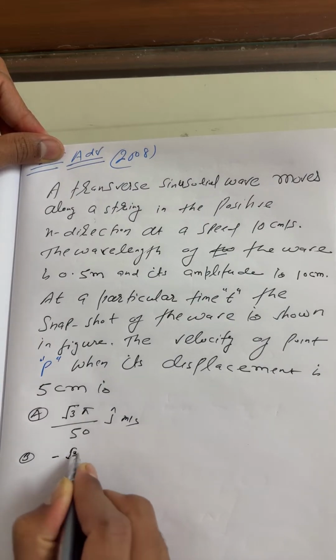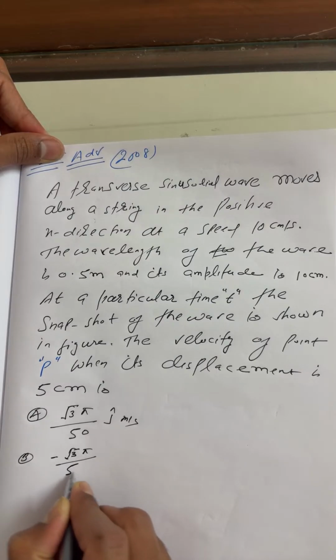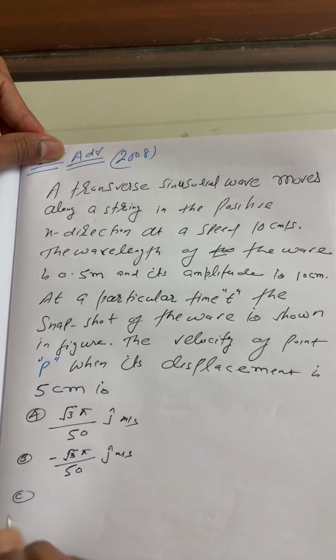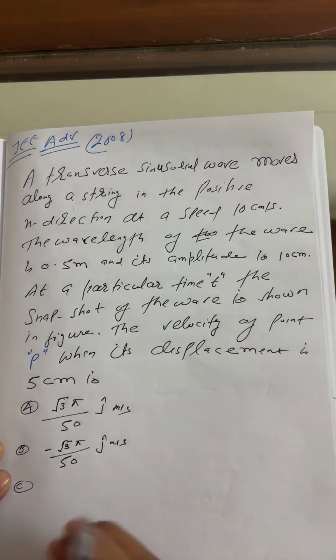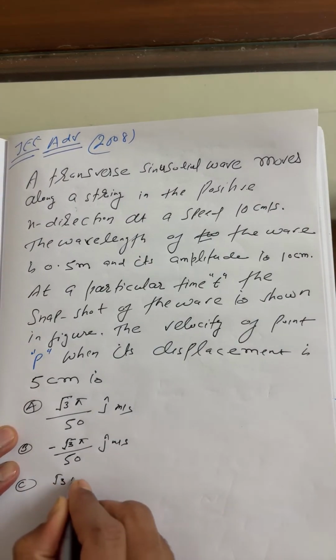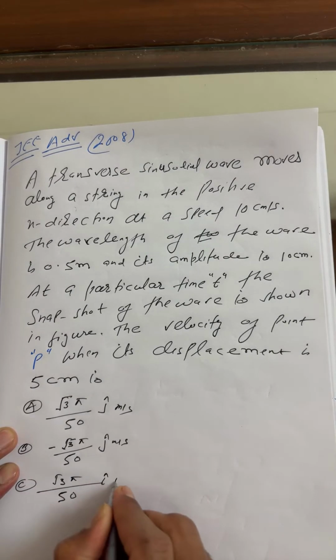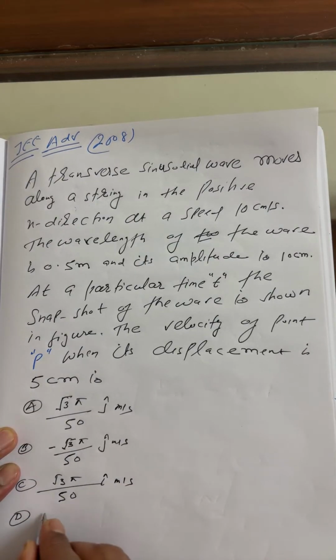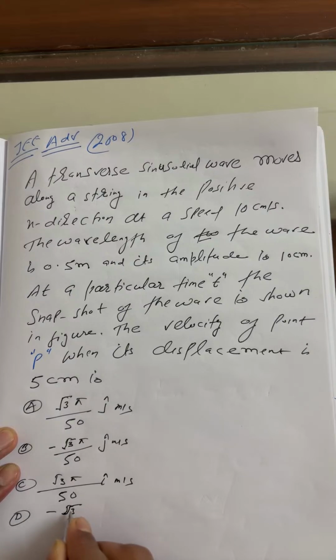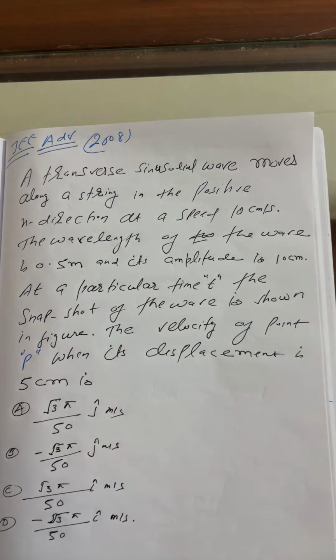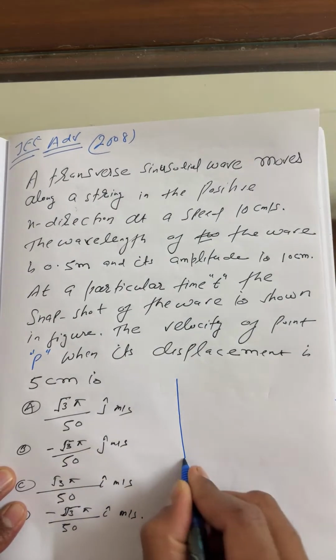Minus root 3 pi upon 50 j meter per second. Root 3 pi upon 50 i cap. Last, minus root 3 pi upon 50 i cap meter per second. Right beta, the graph we are just drawing today, which is already mentioned in the question.